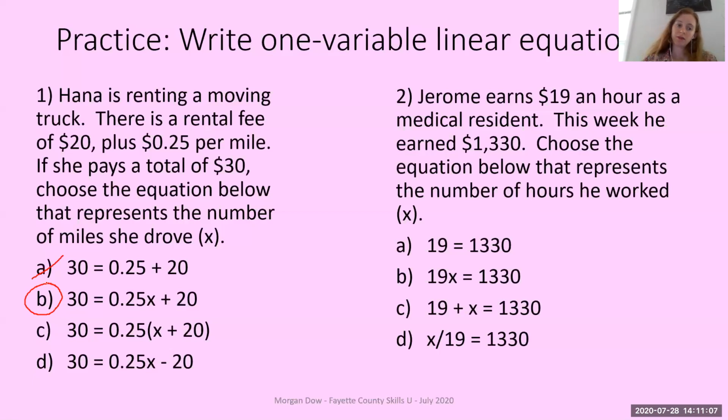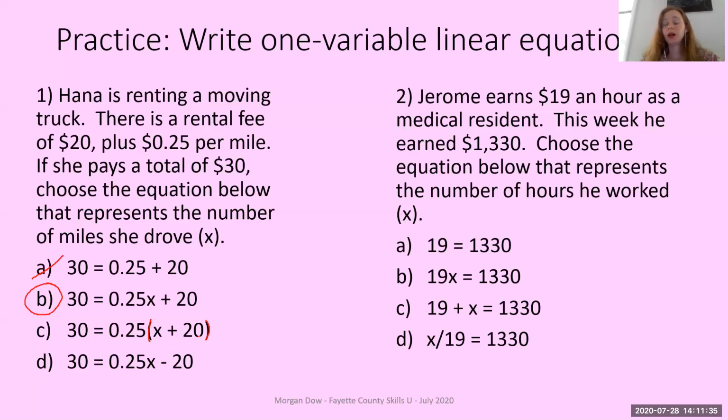Choice C is similar to choice B, except it's got these parentheses in it. There are a couple of different ways you could think about what the parentheses are saying, but one way is: take the number of miles and add it to the rental fee, and then multiply that sum by 25 cents.